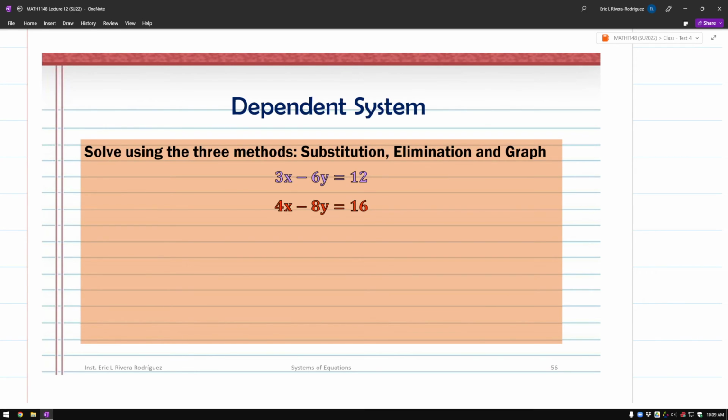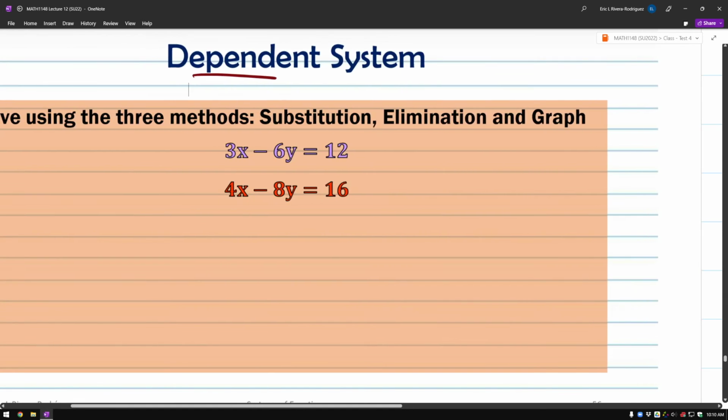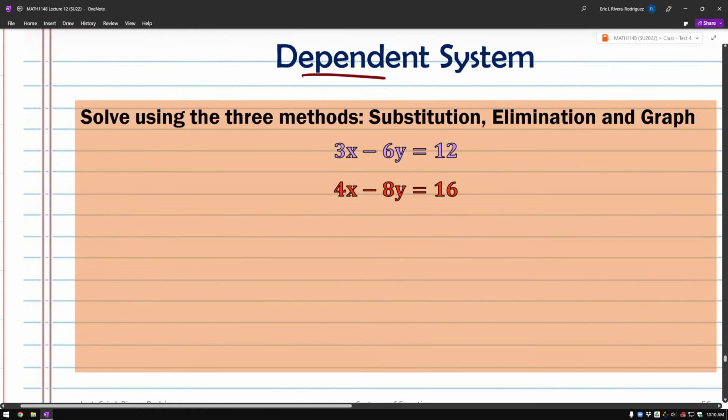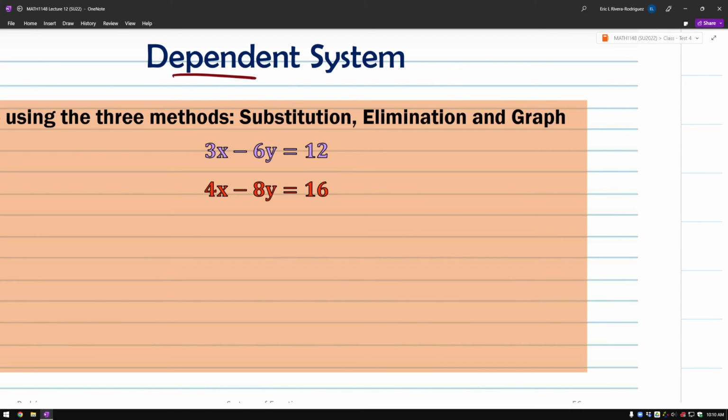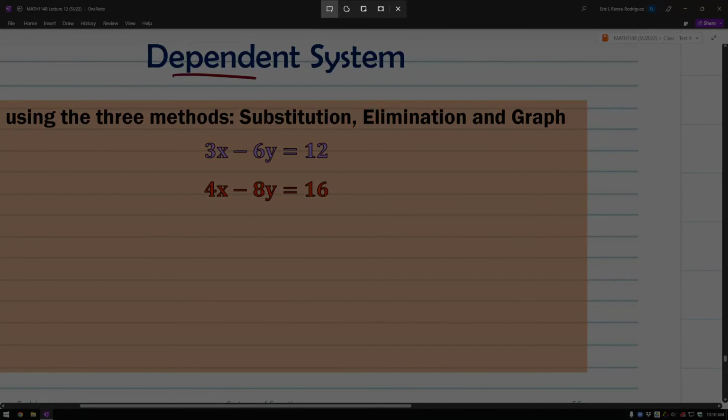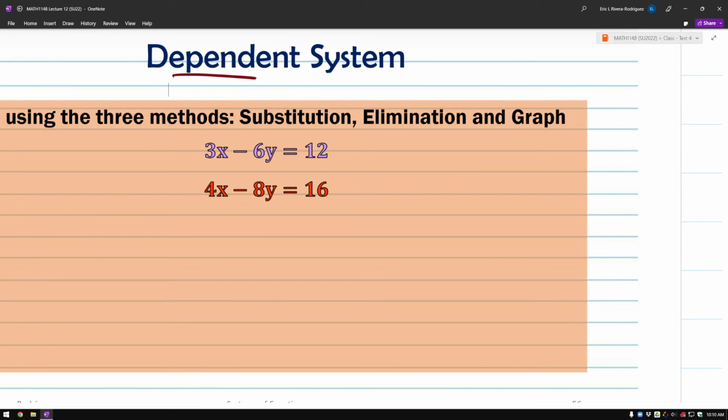Okay, so now we are looking at a dependent system. What we want here is to see what the solution of a dependent system looks like. So let me try to do elimination here. Let me copy this. Let me open a new page.